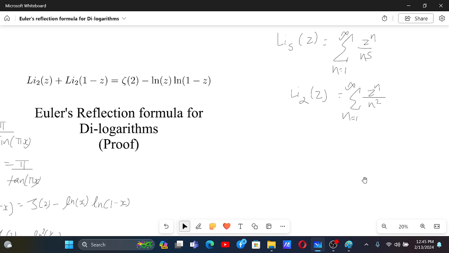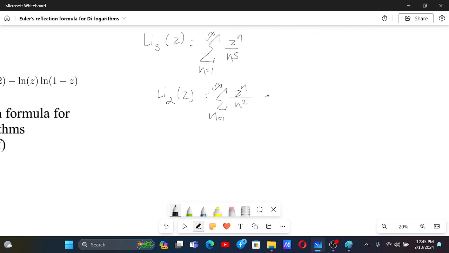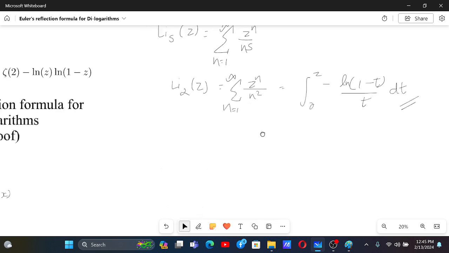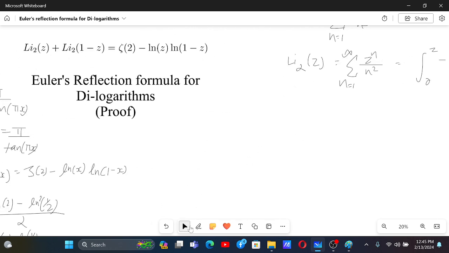This sum is also equal to an integral, the integral from 0 to z of −ln(1 − t) by t dt. This integral is basically a new definition for the dilogarithm function, and that will be the one we use in this video.